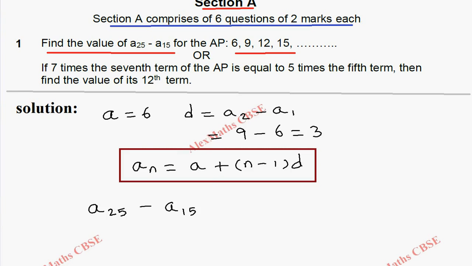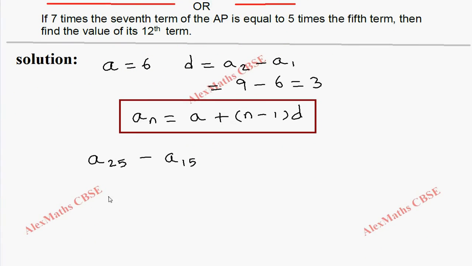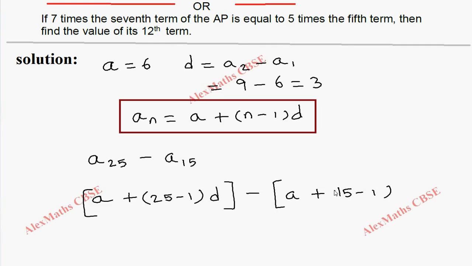So for the first term, this will be A plus n minus 1, which is 25 minus 1, into D. Then this whole thing minus A15, which is A plus 15 minus 1 into D.